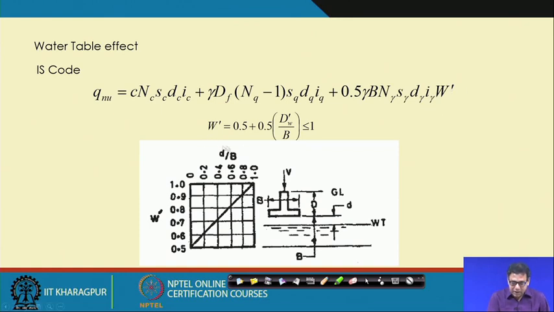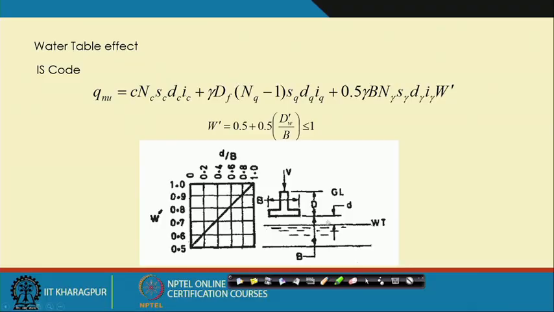So, W dash you can get from the equations that I have already given, or you can use the chart that I used for the settlement calculation based on SPT as per the IS code, where D is the depth of the water table below the base of the footing. So, this method you can use for the IS code. For the other methods or theories, you can use the methodology that I discussed previously.